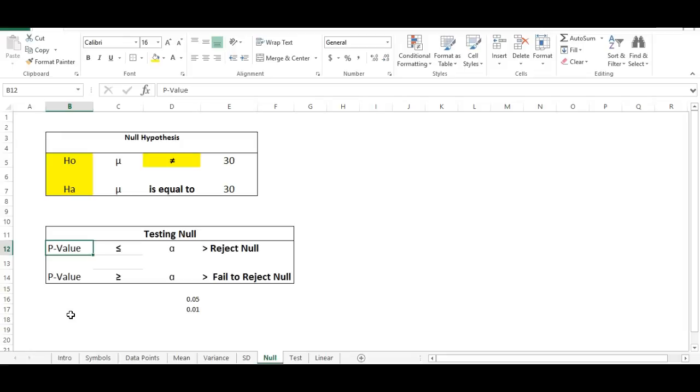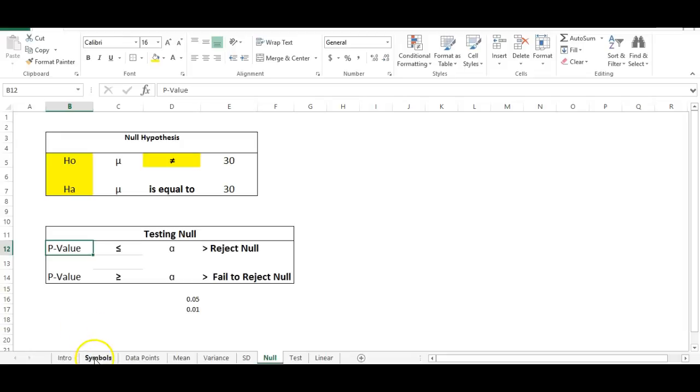And alpha, again, a level of significance, you can set that at 0.05, 0.01, or any other level. And that really does speak to your confidence with type 1 or type 2 errors. And that's a concept we'll get to in a different video.